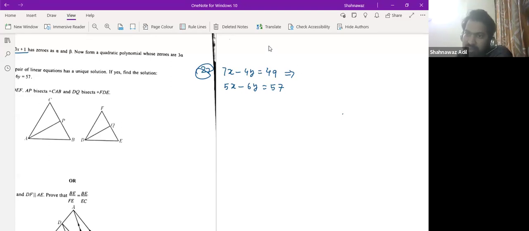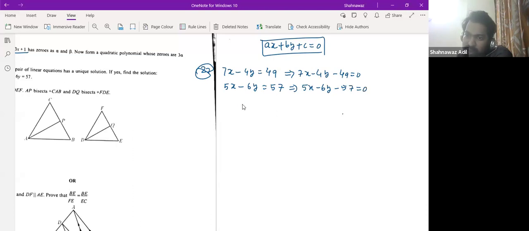What is the general form of a linear equation? This is the linear equation, so we have to write it in this way, and then write this one as this.